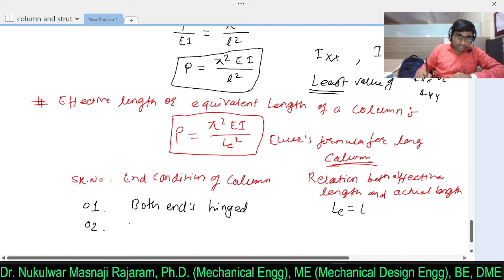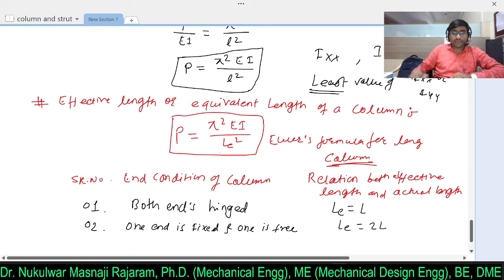Next one, if I consider one end is fixed and one end is free, at that time we can say LE equal to 2L. We always consider this formula, but while putting the formula, if the condition is one end fixed and one end free, at that time we consider effective length equal to 2L.